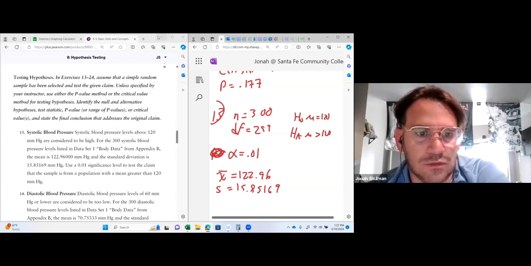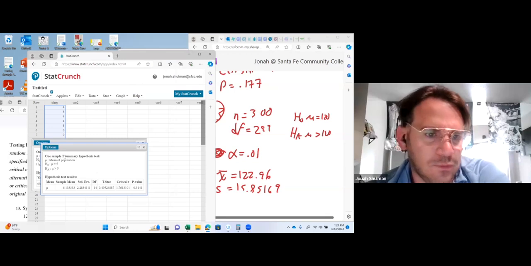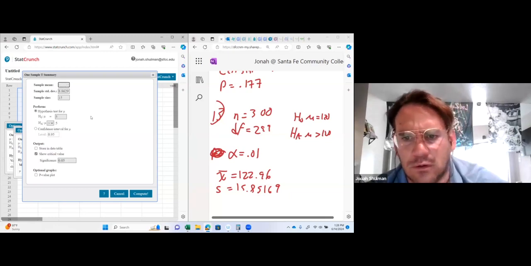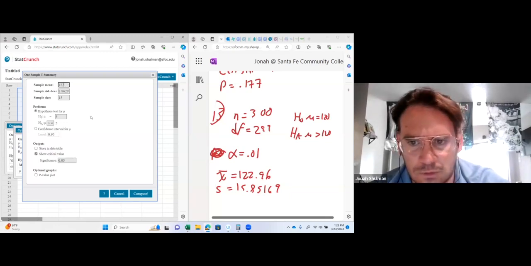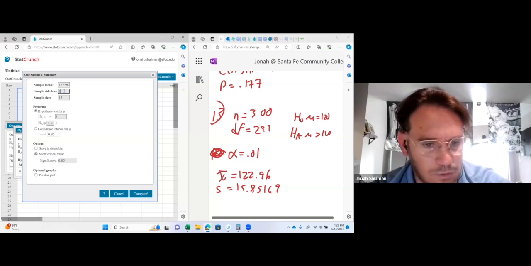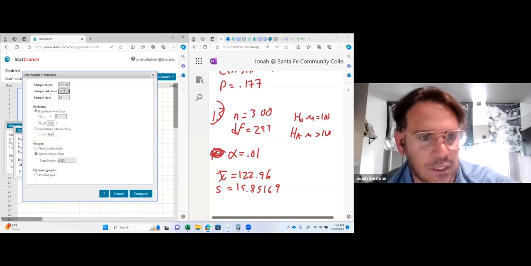So let's just let the calculator be our friend. We could do the whole thing by hand, but we might as well just use it since it's right here. Our mean is 122.96. Our standard deviation is 15.85169.